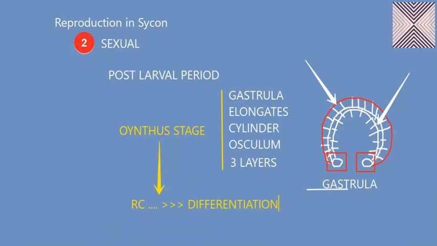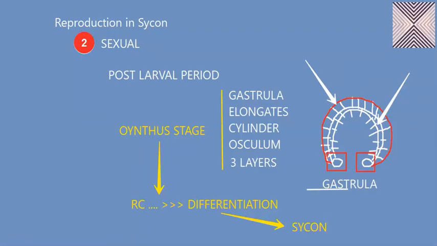After further differentiation, what we have is the adult Sycon, which is fully formed. So students, this is the whole life cycle of the Sycon. I expect that you have understood this particular topic.